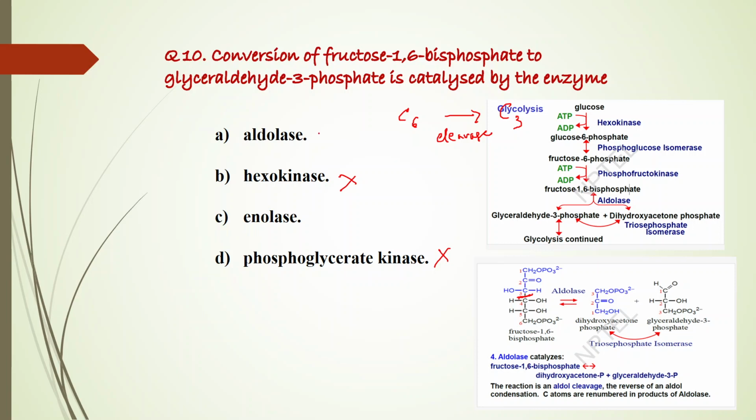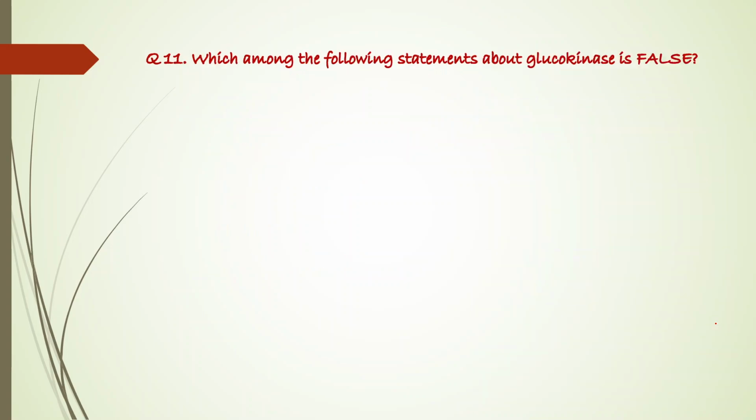So obviously for aldol cleavage you will require aldolase, and that breaks into 2 forms. This 3 carbon forms this dihydroxyacetone phosphate, and the other 3 carbon forms this glyceraldehyde 3-phosphate. So the correct answer for question number 10 should have been option number A. Okay, let us move to the next one.